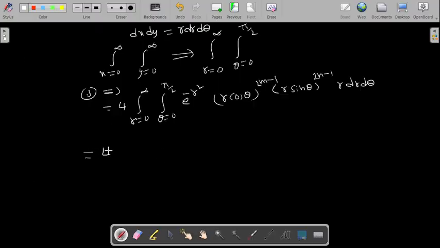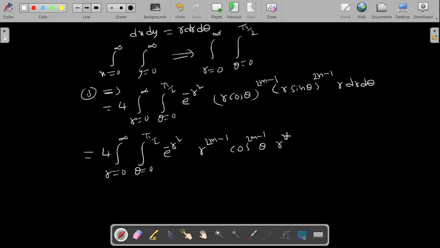So now 4 into the integral r equal to 0 to infinity, theta equal to 0 to pi by 2, e power minus r square, separate the powers: r power 2m minus 1, cos power 2m minus 1 theta, next r power 2n minus 1, sin power 2n minus 1 theta, r dr d theta.